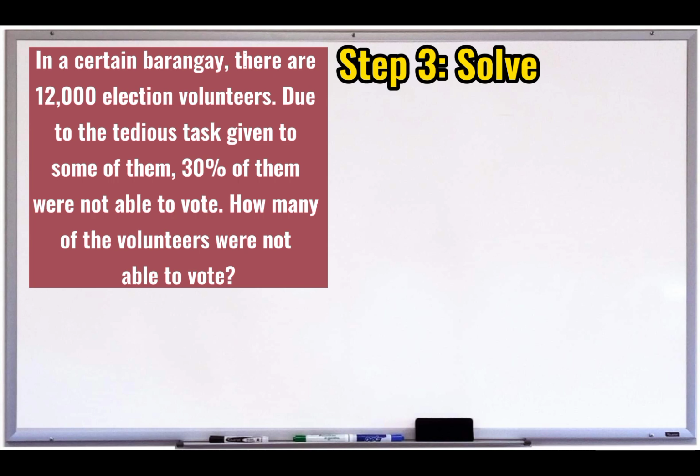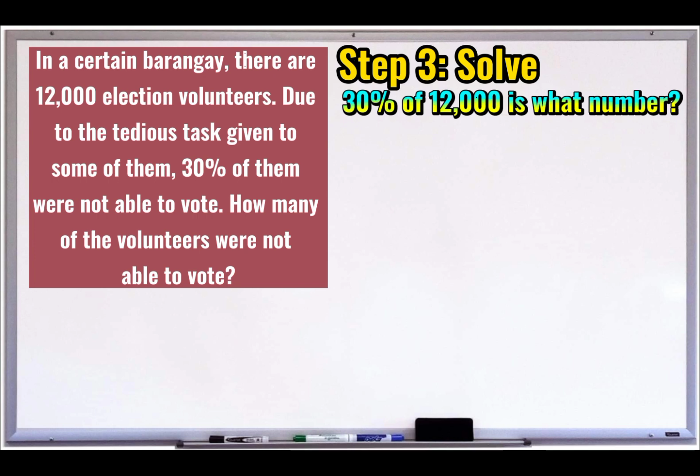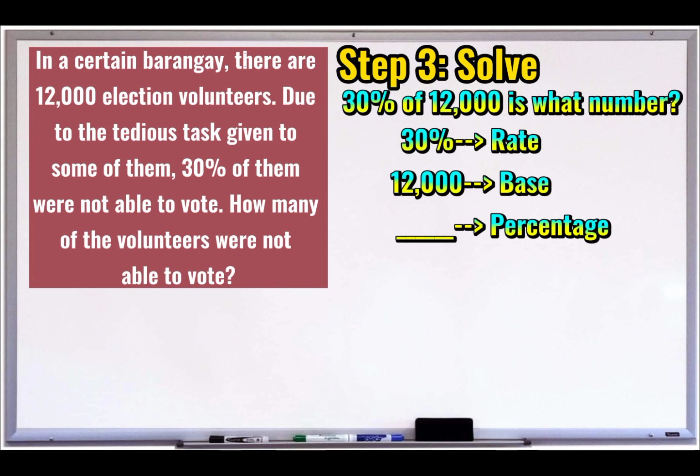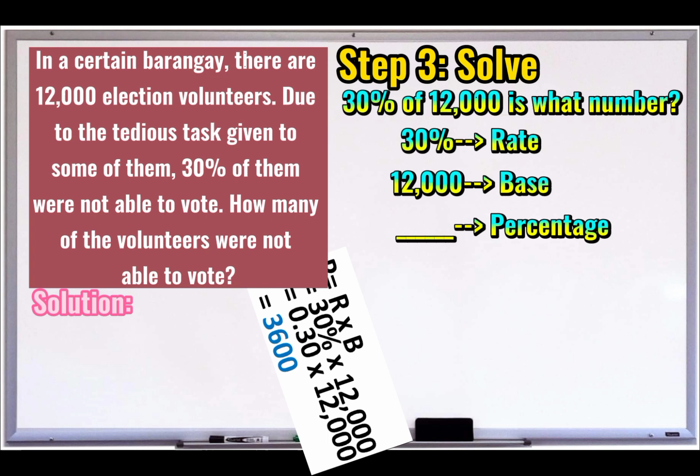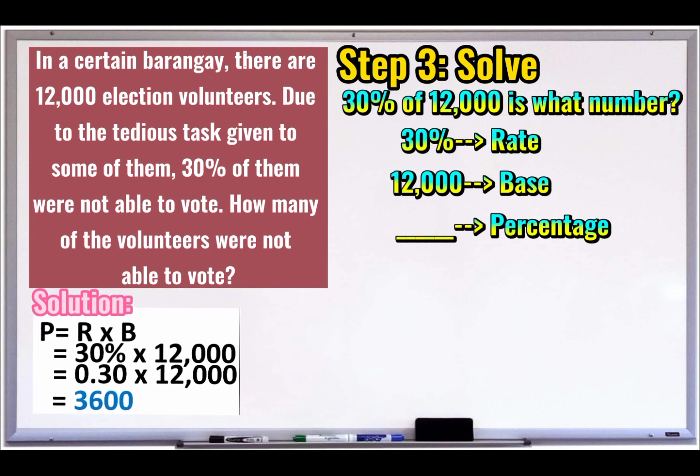solve the problem using the strategy and the formula. So, 30% of 12,000 is what number? So, 30% is the rate, 12,000 is the base, and the missing element is percentage. So, to find the percentage, we are going to multiply the rate times the base. So, 30% times 12,000.